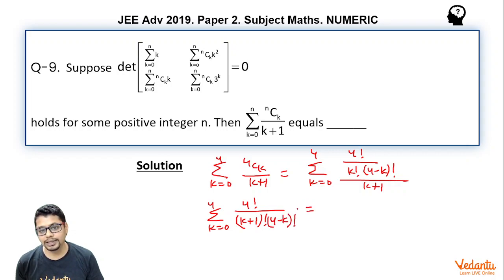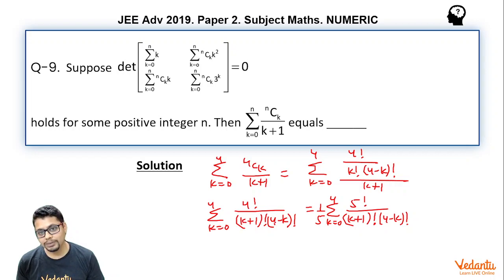So this essentially becomes sigma 5 factorial divided by k plus 1 factorial times 4 minus k factorial, and since I have written 5 factorial instead of 4 factorial, I'll also divide by 5. The purpose of doing this is that we observe in the denominator k plus 1 plus 4 minus k is 5.